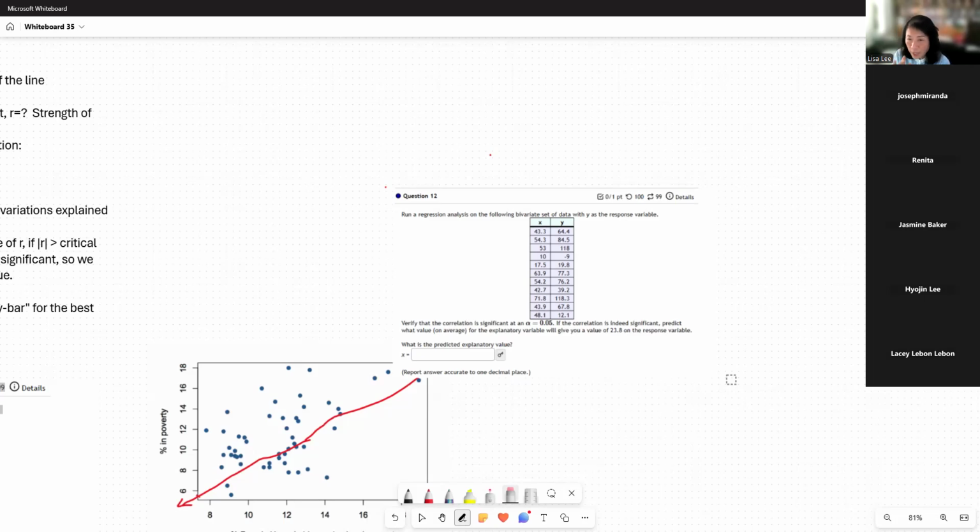After you finish data entry on your L1, L2, click on Stat and go to Test. Just go downward and you will find the last one there, F, linear regression t-test. Click on that, enter.